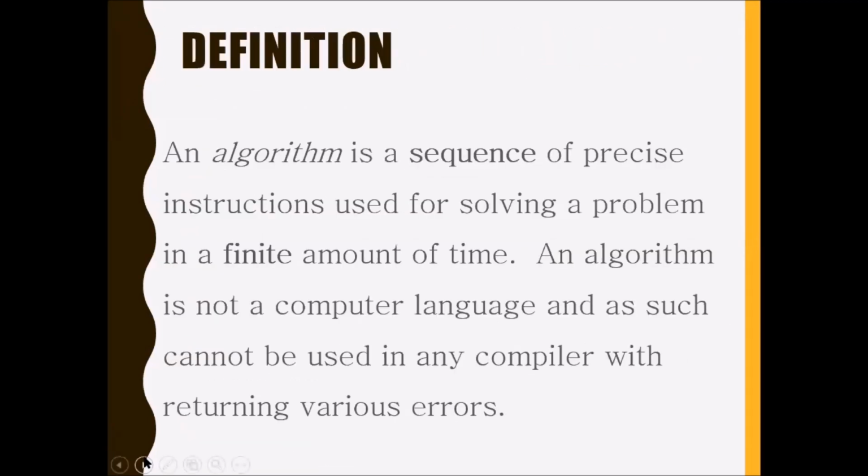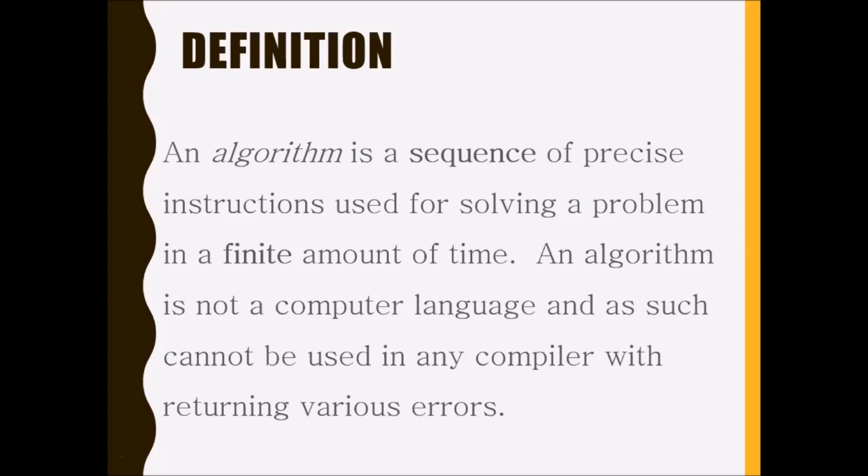So what is an algorithm? Here we have the definition. Now key note, we have two words that are in bold. We have sequence. It is a step-by-step process. It's not an all-in-one thing.